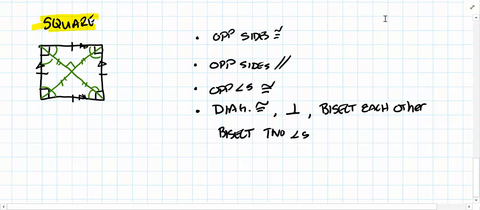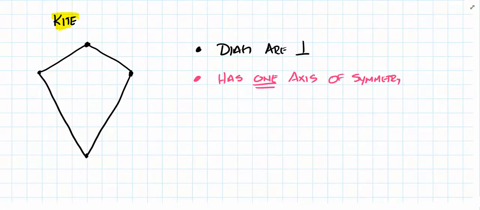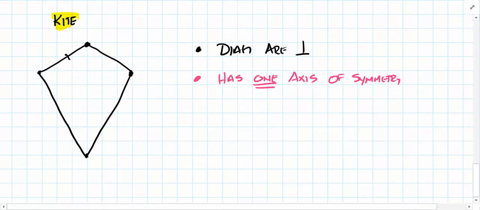Okay, here are the two special properties we need to know about the kite. The first one is that the diagonals are perpendicular. So aside from the regular stuff of the kite, the diagonals are guaranteed to be perpendicular, meaning that they would meet at right angles. But notice they're definitely not congruent, and they don't bisect each other in any way.